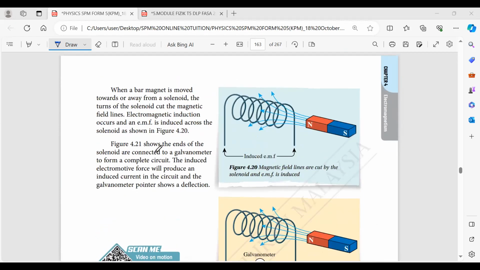Look at this. When a bar magnet is moved towards or away from a solenoid, the turns of the solenoid cut the magnetic field lines.